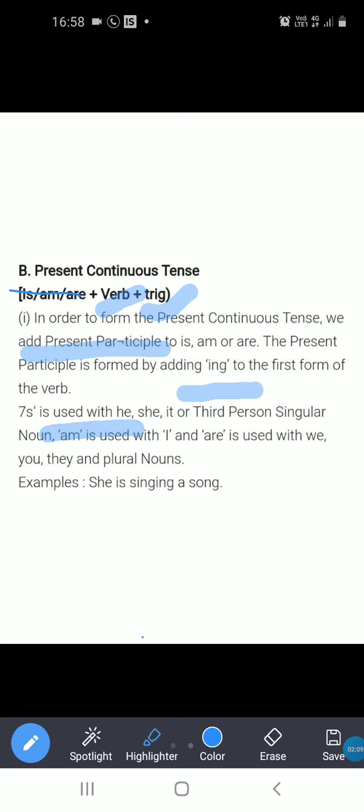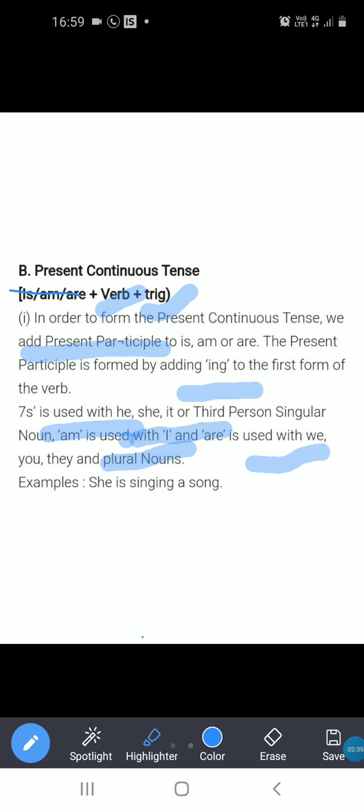Is is used here, they are saying, with he, she, it, or a third person singular noun, right? We use is with a singular subject, and am we use with I only, and are is used with we, you, they, or any plural noun. With a plural noun, we use are. Okay.